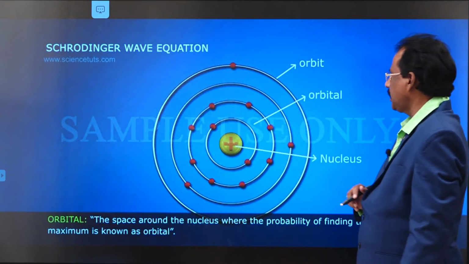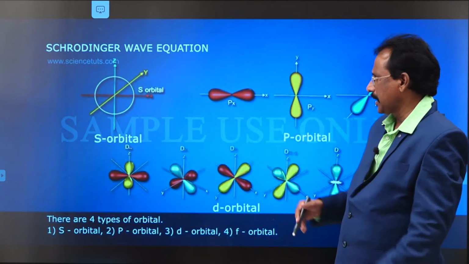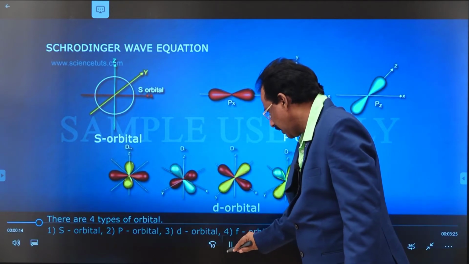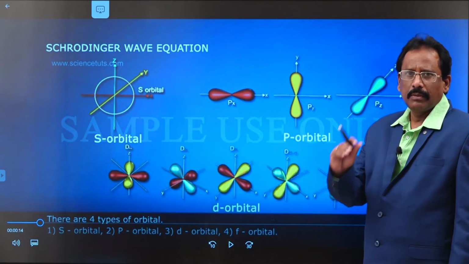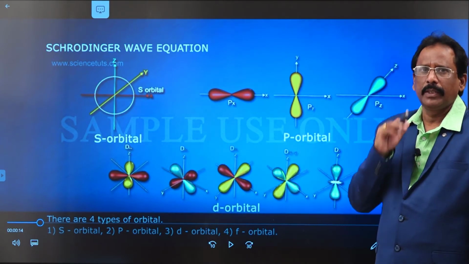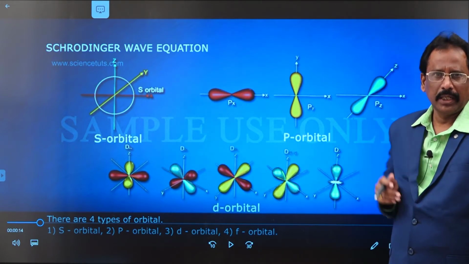The orbital is defined as the region of space around the nucleus where the probability of finding the electron is maximum, about 95% probability. That region is known as an orbital.